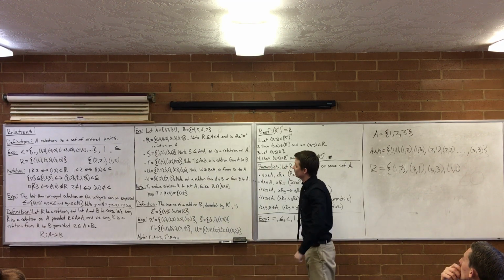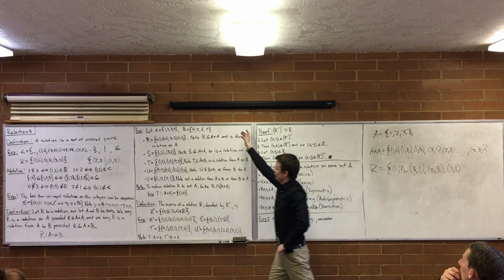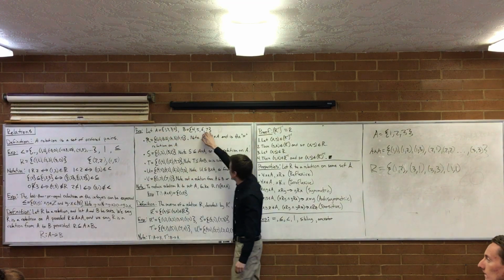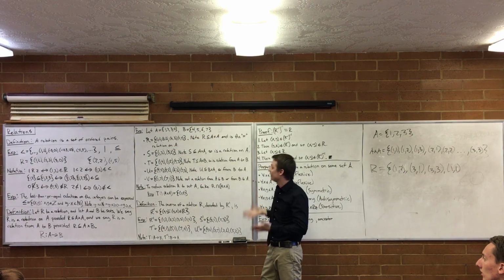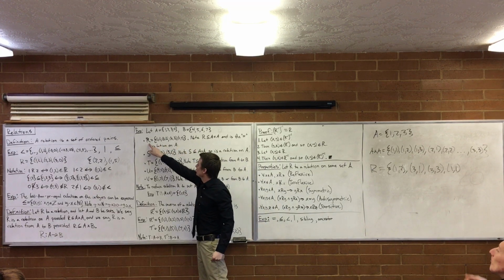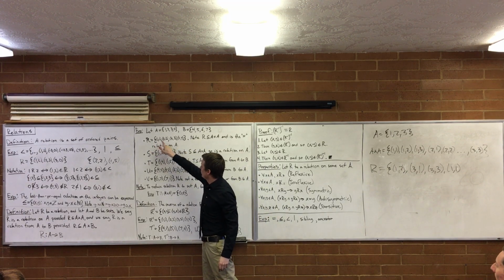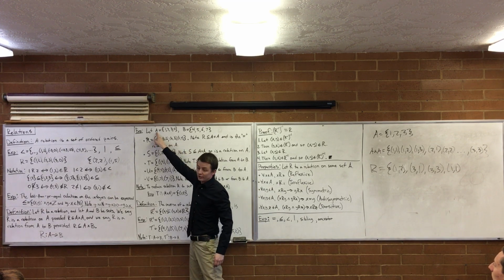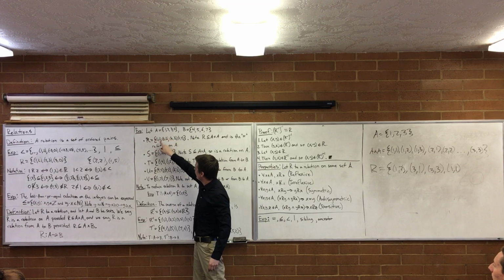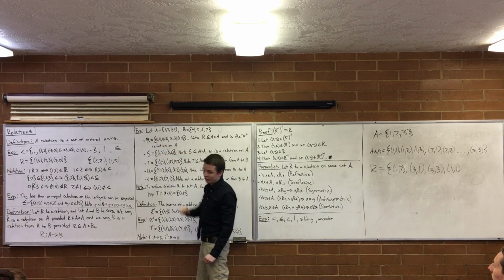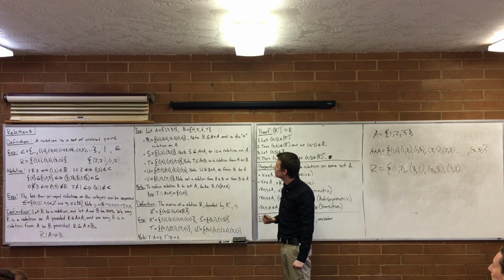Let's look at some examples, a bunch of different relations with these two sets of mine. I've got A equals {1, 2, 3, 4} and B equals {4, 5, 6, 7}. I'm going to create some random relations and state some properties about them. Let's start with the relation R equal to {(1,1), (2,2), (3,3), (4,4)}. Notice that R is a relation on A. All its left-hand elements are in A, all its right-hand elements are in A. Or R is a subset of A cross A, if you prefer to think about it that way.